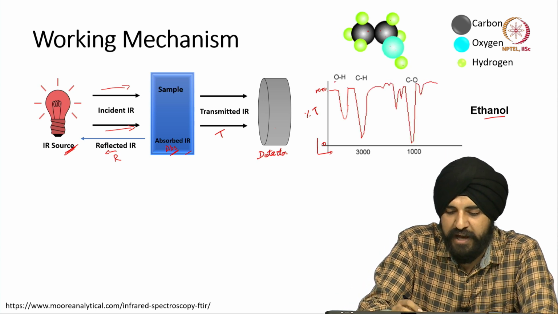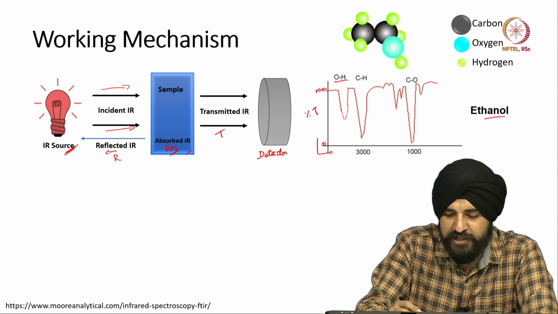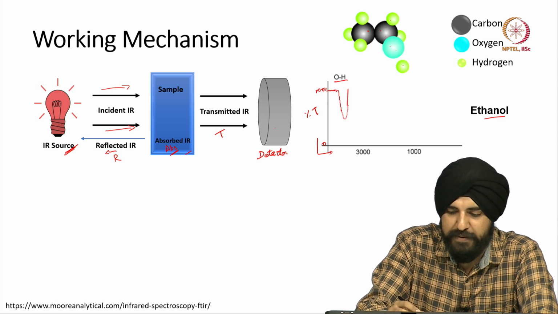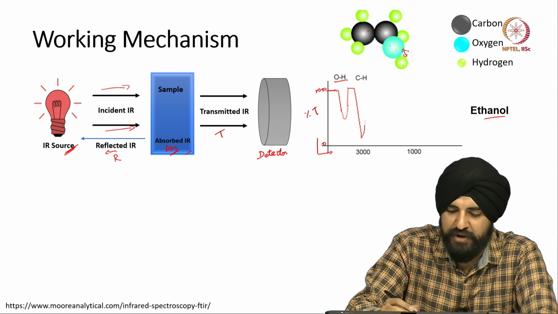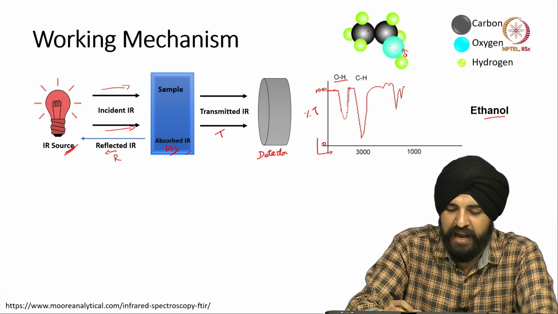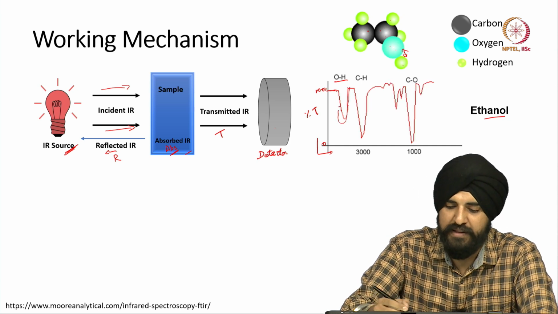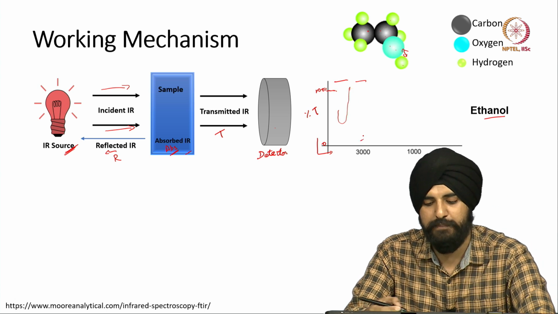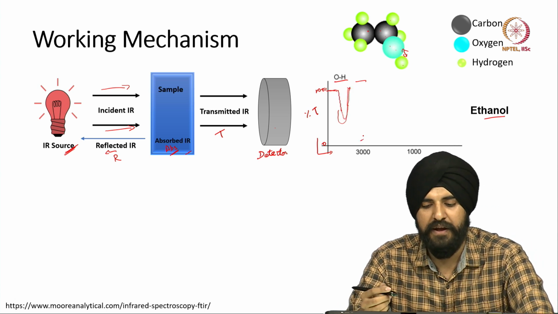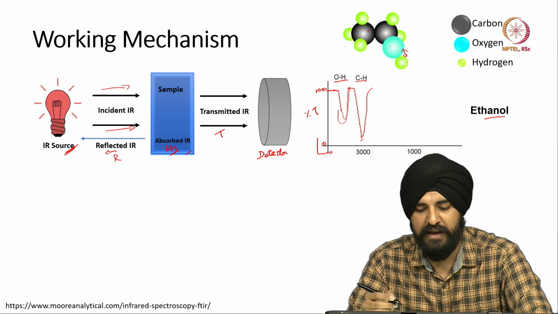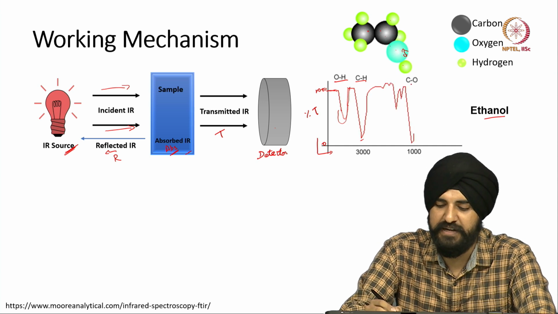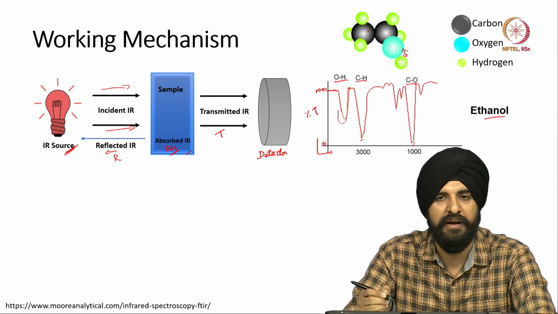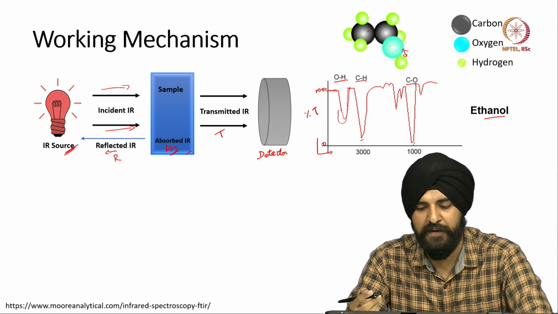For example, for OH, the transmittance starts from 100%. Whenever there is an OH vibration, we get a characteristic OH peak. Then coming to the CH vibration, we get a CH peak, for example at around 3000. Then we have another peak represented by CO, at around 1000.